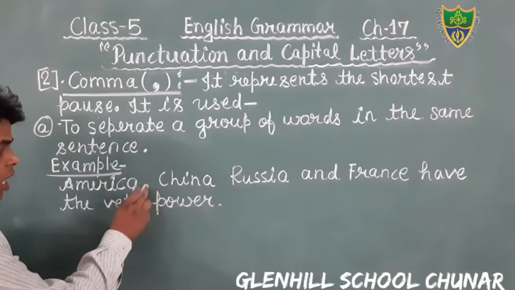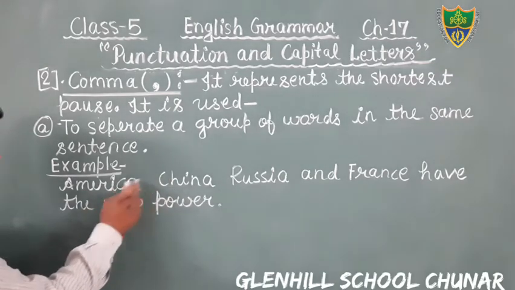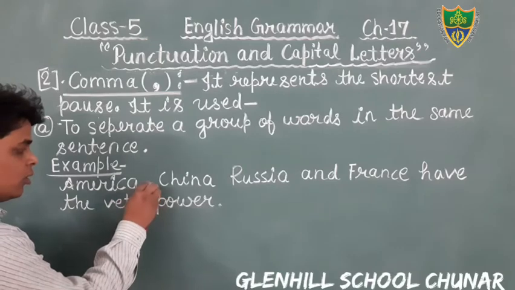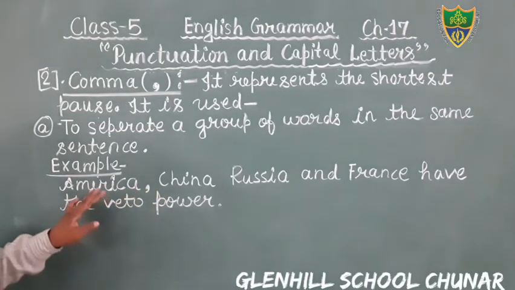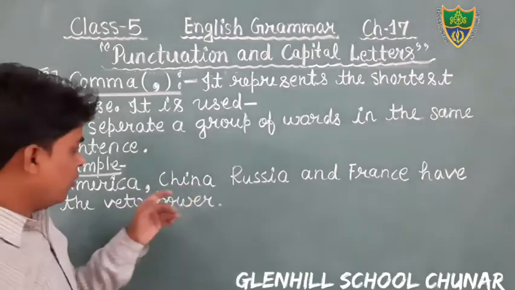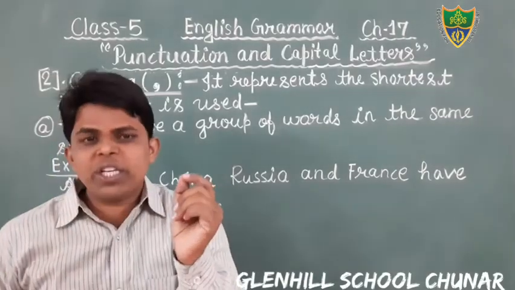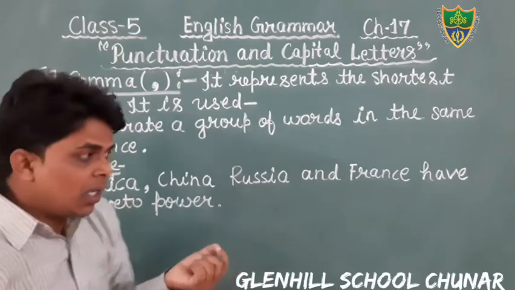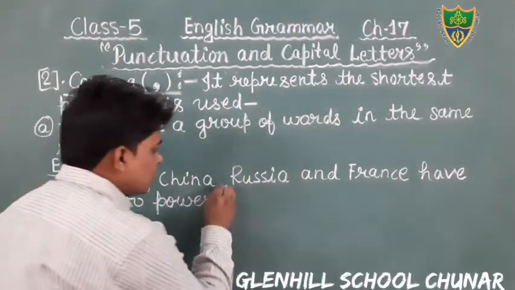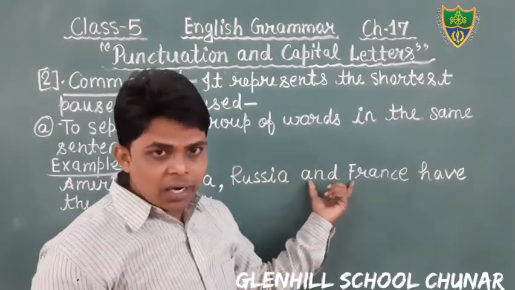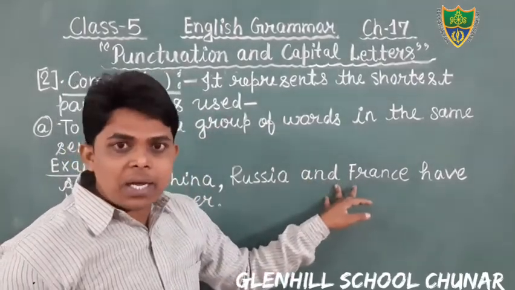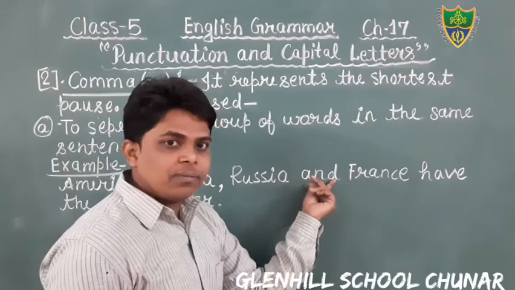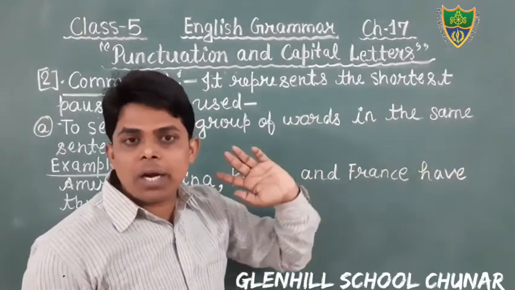You can see here China and America, both are separate words, and to separate these two words we use comma. So you will put the comma here. America, China: after speaking America we take a little pause, the shortest pause. America, we pause a little. China, Russia, and, since the 'and' has come, we do not put a comma between these two. If this 'and' were not there, a comma would be placed here too, and then 'and' would come before the later words.